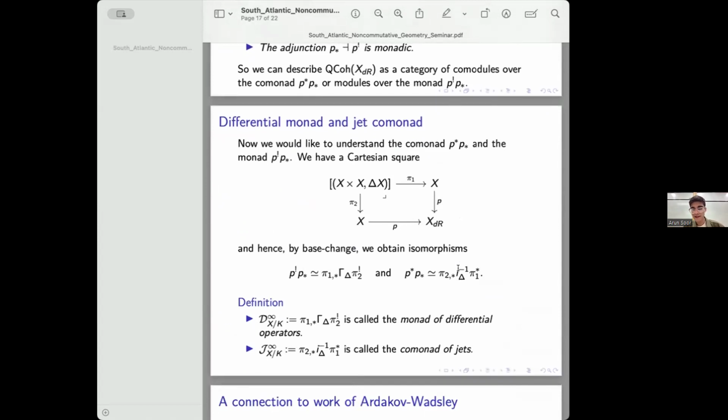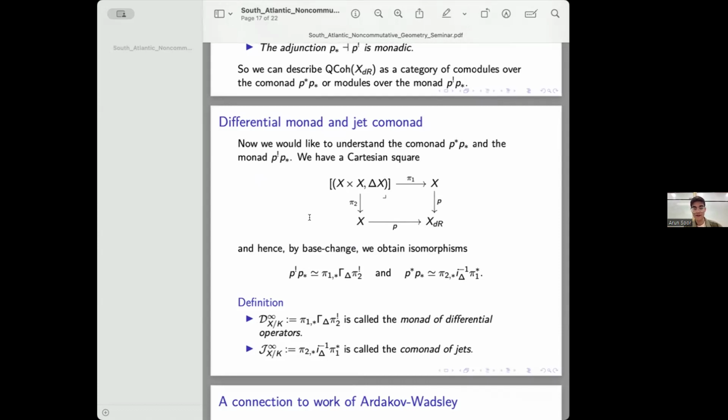So how do we understand this monad and comonad? There's actually a Cartesian square. This follows by some kind of formal stuff because we started off with a groupoid object. So we have a Cartesian square where these two maps are both p, and these are both X, and then this is X cross X with the diagonal, right?